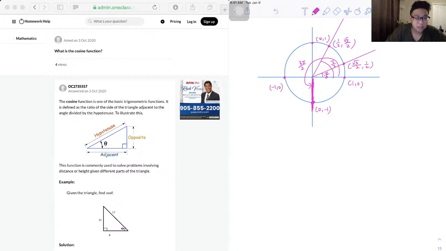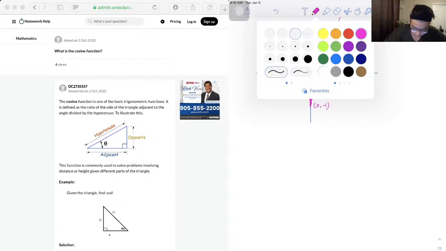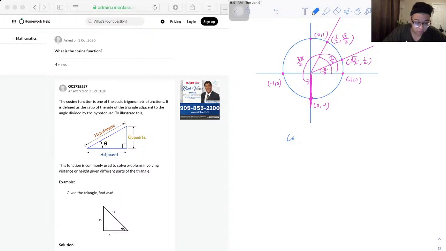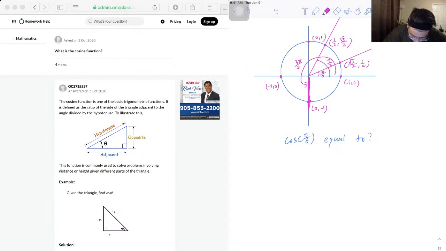So by knowing this, let's figure out what cosine pi over 6 is equal to. We can directly observe from the unit circle that the angle pi over 6 has an x coordinate of √3 over 2 and a y coordinate of 1 over 2, which is right here.